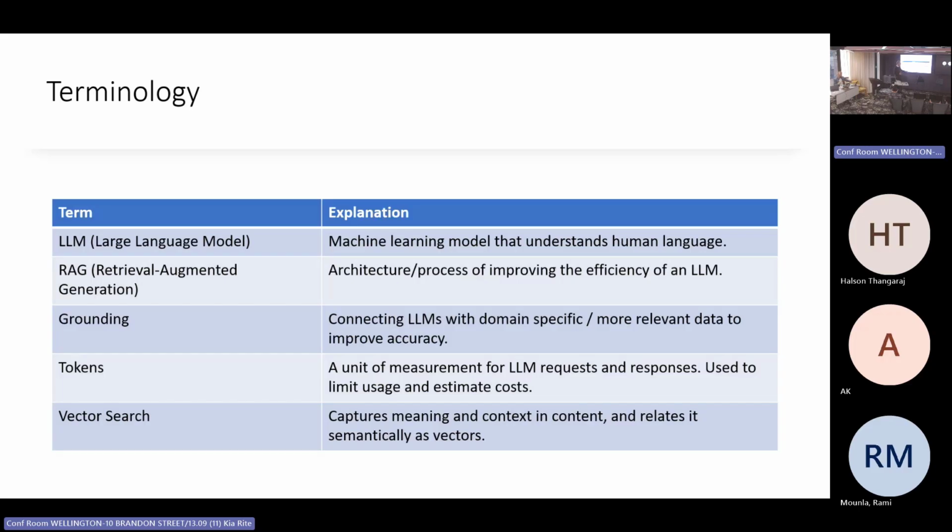Tokens. Again, with Copilot Studio and the Copilots that you're using, you don't really get a sense of the energy that's being used or the costs that you're paying for it. Tokens are a unit of measurement. When you get into Azure AI Studio, you see the tokens that a prompt uses, and the tokens that a response uses. And you'll have limits within your environment, because ultimately there's a finite resource of compute power.